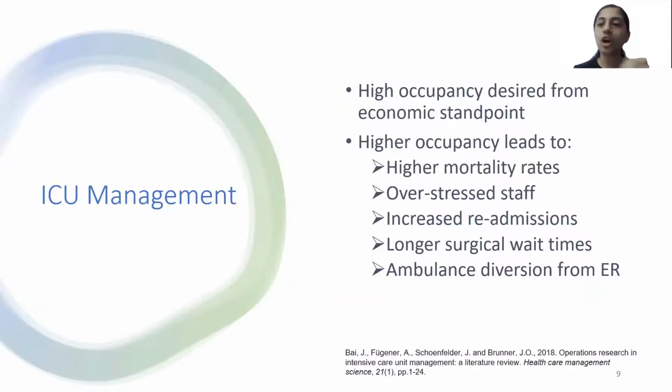We saw from the previous example as well that a higher occupancy of the ICU shows a higher mortality rate of the patients. It leads to overstressed staff as the patient to staff ratio gets skewed. Similarly, as the quality of care reduces, the chances of readmissions into the ICU also increase.